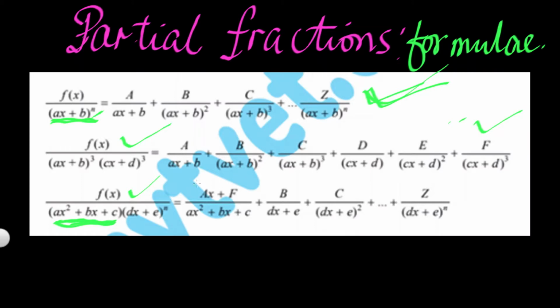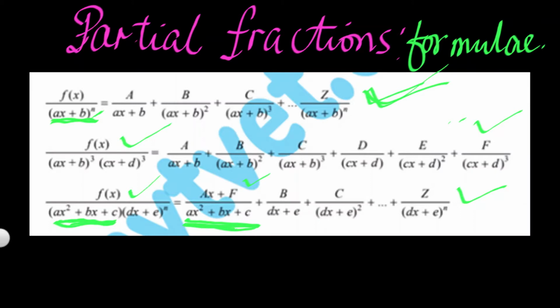If we have that, this is the general form of the partial fractions. Look at this part here, where we have this quadratic function as our denominator. The numerator, we assume that the numerator is going to be a linear function. That is the assumption that we make.